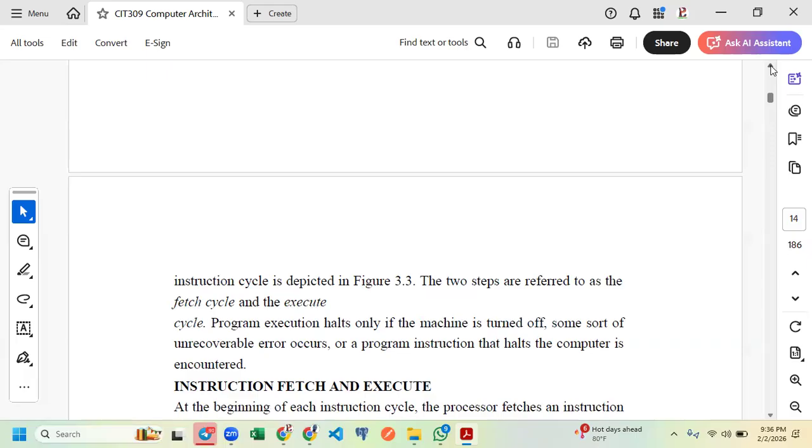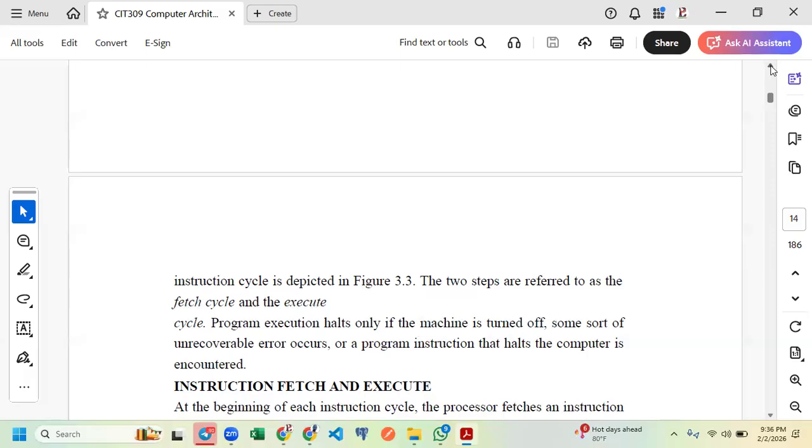Okay, from tonight's class, personally, I've learned about how the computer fetches data and how the computer executes data. When we look at the components, there are some components of the CPU that are responsible for these actions, the fetching and the execution of data.